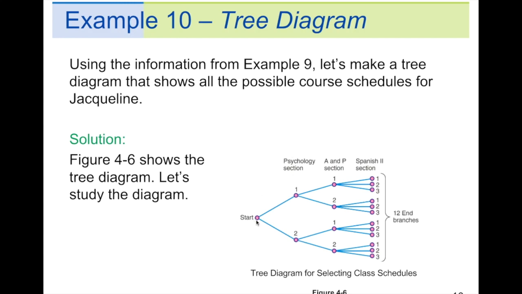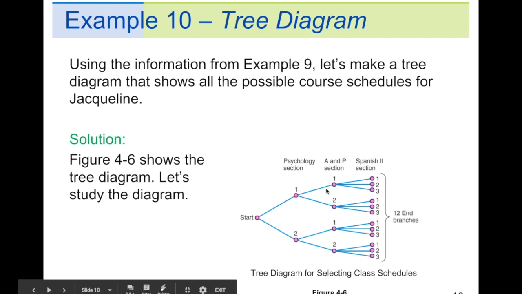and we start here, and let's just go in the order we were given them. So first she has to choose which psychology section she wants. And the order in which she chooses doesn't matter. We'll still get the same number of results. So she can choose section 1 or section 2 of psychology.